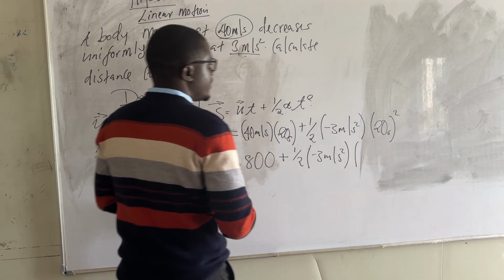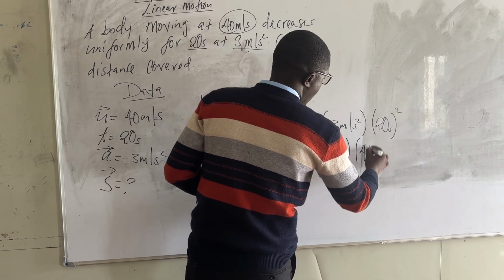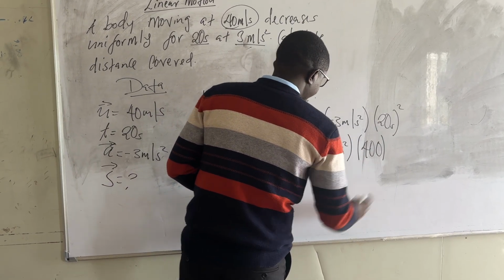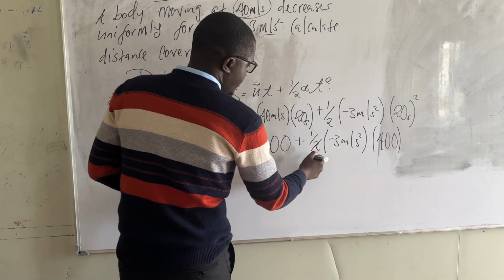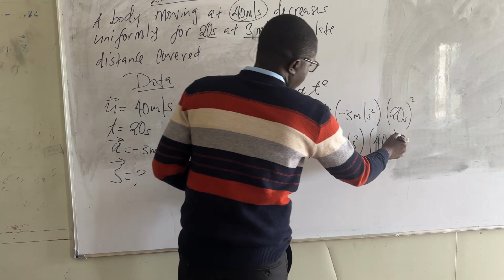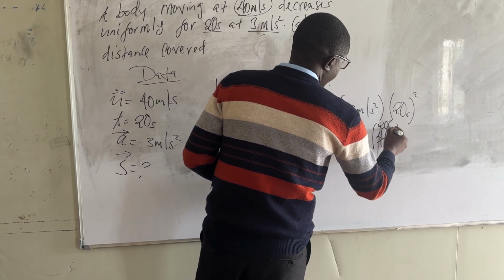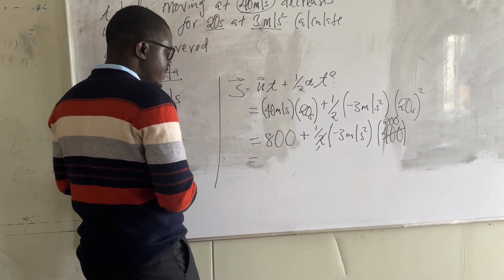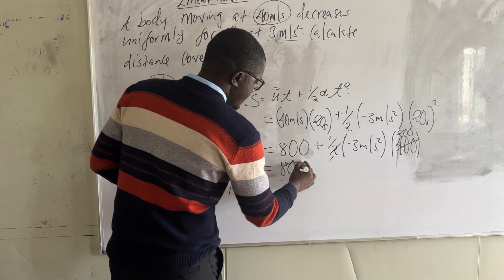Then 20 to the power 2, we are having 400. Then here we can say 2 into 2, 1. 2 into 400, we've got 200. Like that. Then from there, we'll group the like terms.